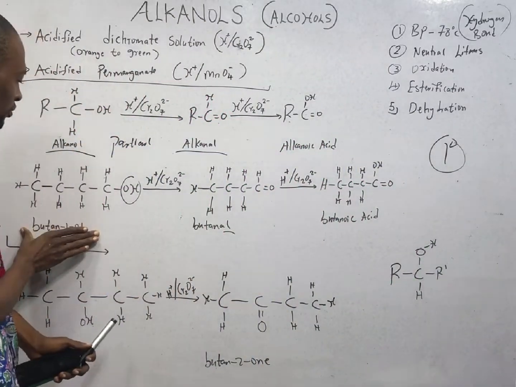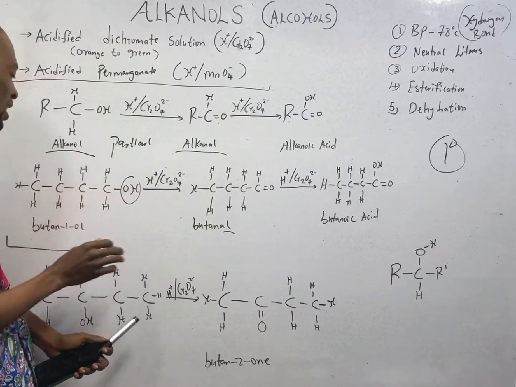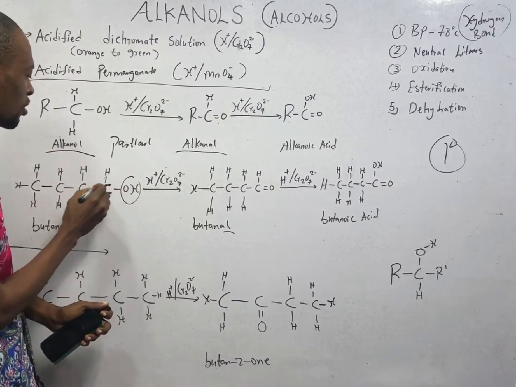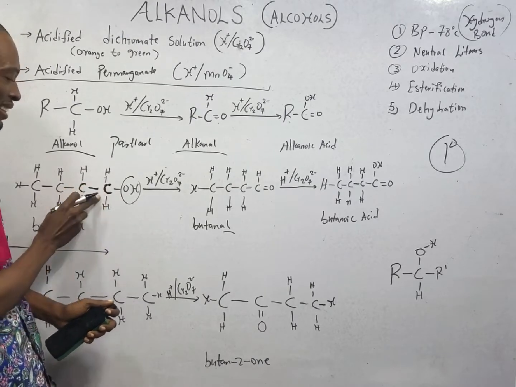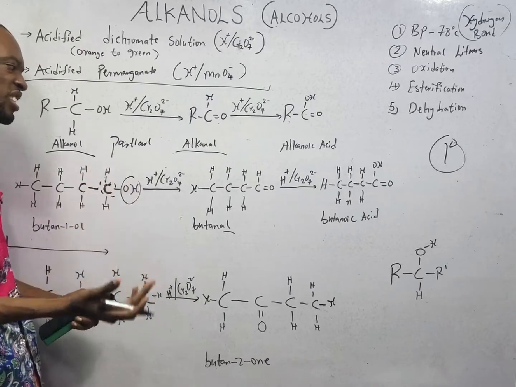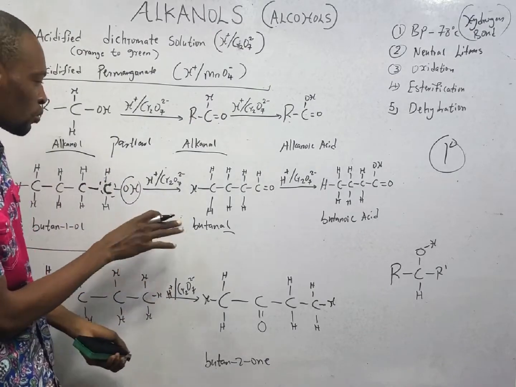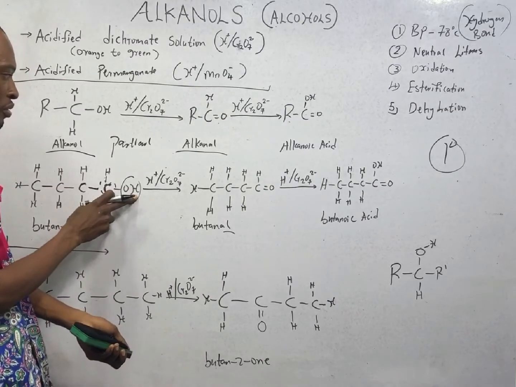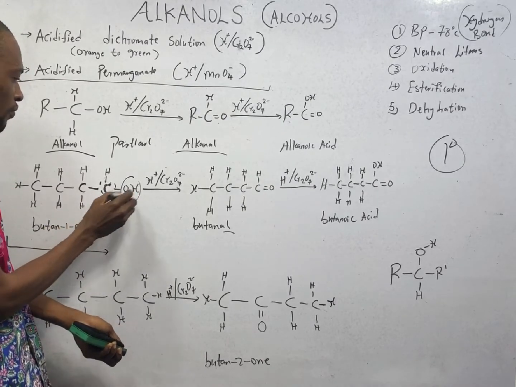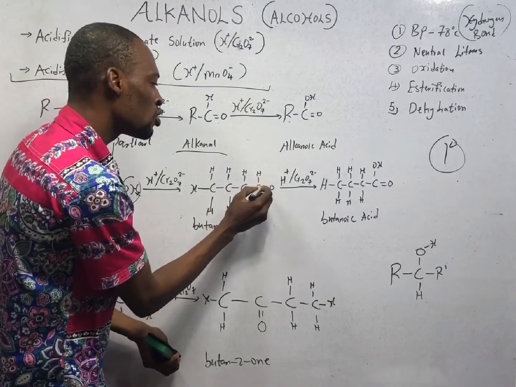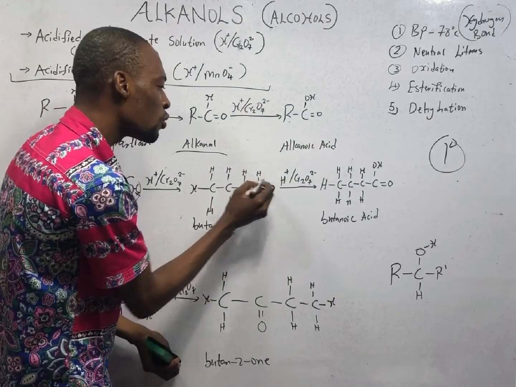This is butanol, 1, 2, 3, 4, 4 carbon OH, which is a primary alkanol because only one carbon is directly attached to the carbon carrying the OH group. Now, oxidation in this case is removal of hydrogen. So this hydrogen was removed, this hydrogen was removed. Hydrogen removed, another hydrogen removed, a double bond is formed to O.